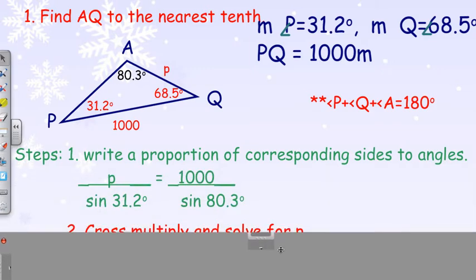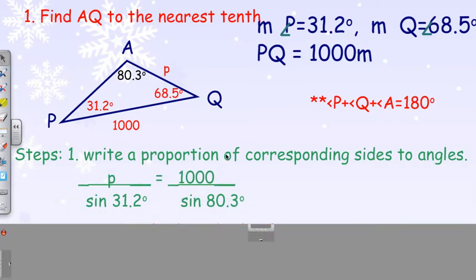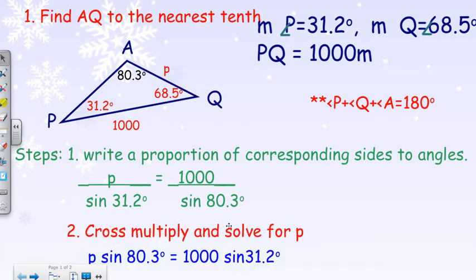So step 1, write a proportion of corresponding sides to angles. So again, p over the sine of 31.2 degrees is equal to 1,000 over the sine of 80.3 degrees. I then cross multiply and solve for p.